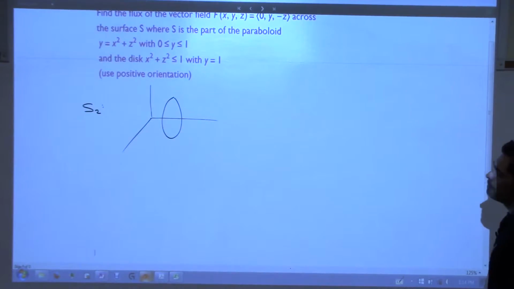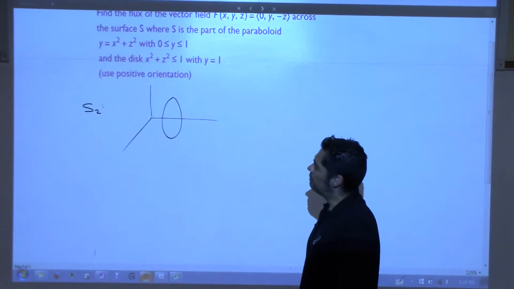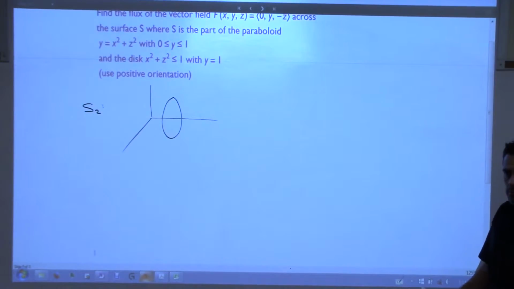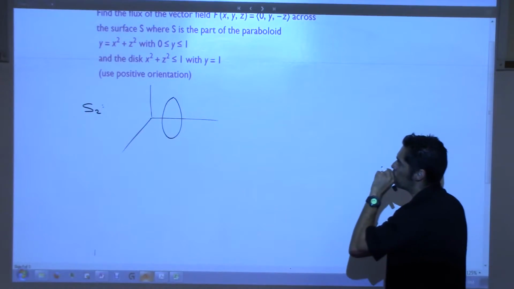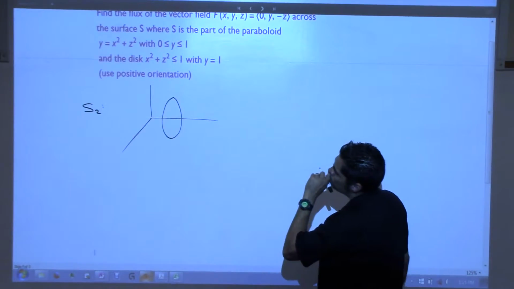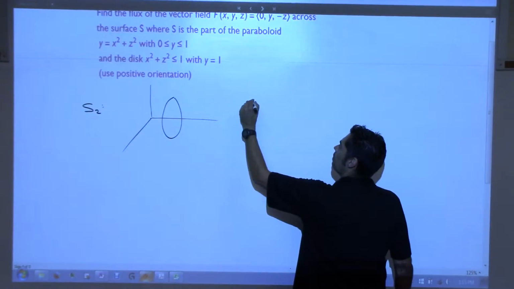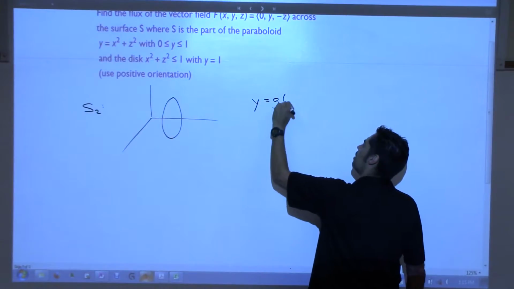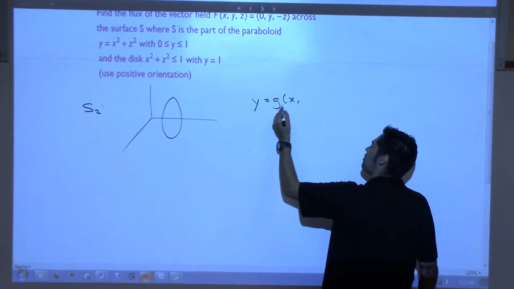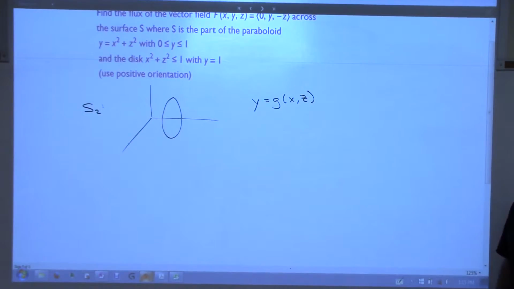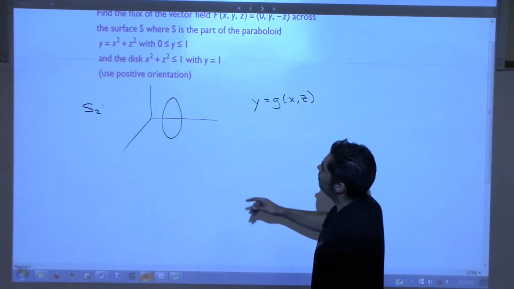And could I go about this the same way? I could. Can I look at this as being like y is some function of x and z? No? Which part?